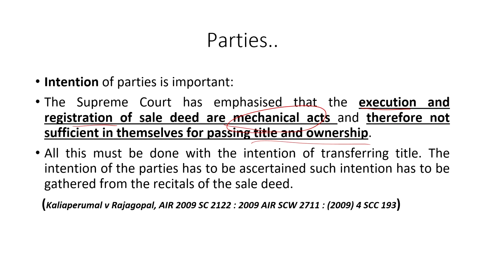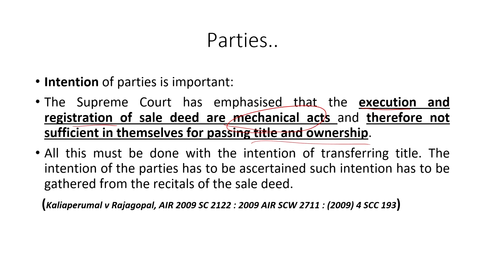But how will you find the intention? Whether there was an intention on the part of the seller or not, it has been said that all this must be done with the intention of transferring title. The intention of the parties has to be ascertained, and such intention has to be gathered from the recitals of the sale deed.